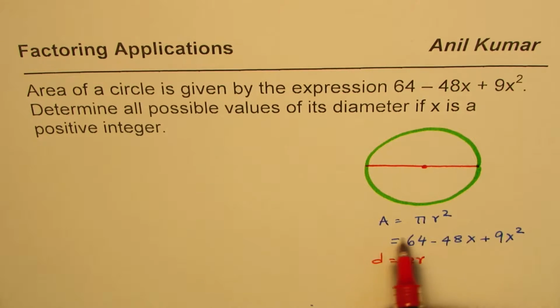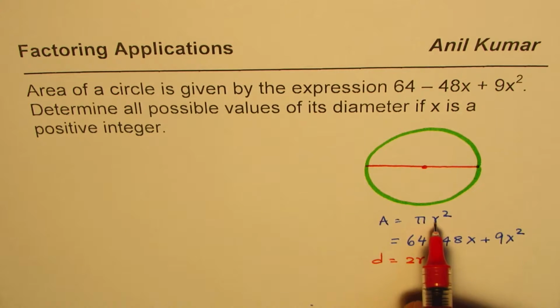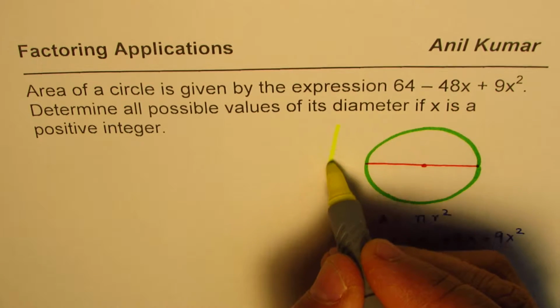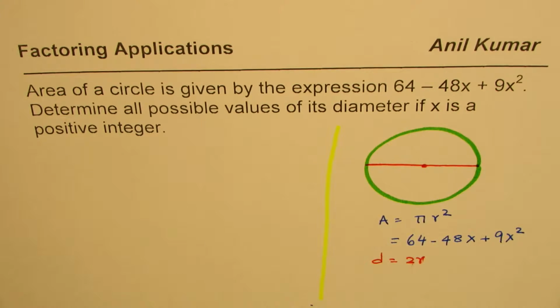Now from the equation of area, we can find the radius in terms of x, and twice that radius will give us the diameter. So that is a strategy for us. So from this expression, we are going to find the radius, and then twice radius will be the diameter. I hope the strategy is clear to you. Now you can actually pause the video, answer, and then look into my suggestions.